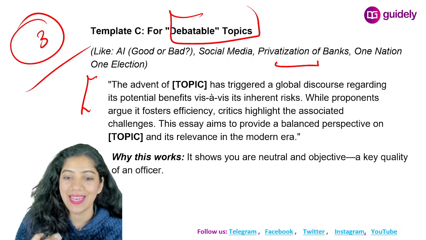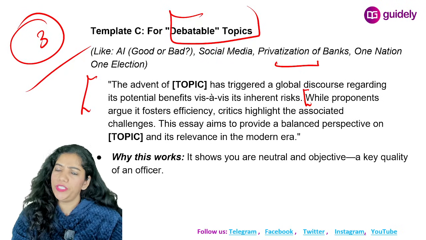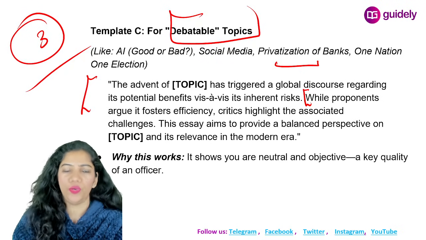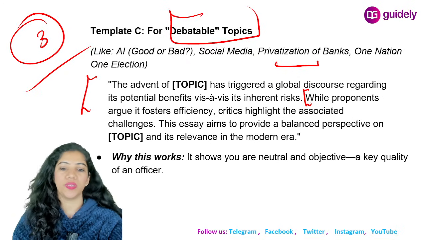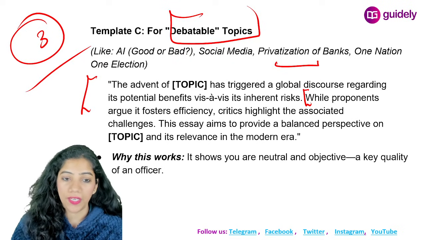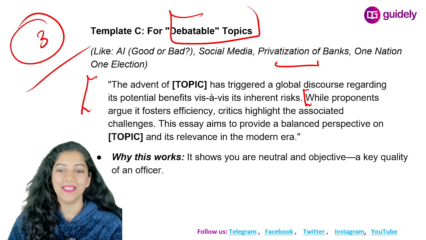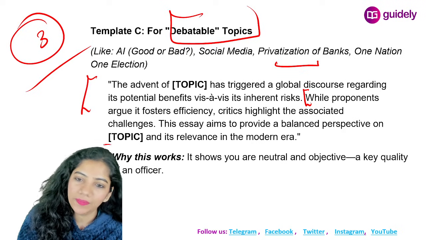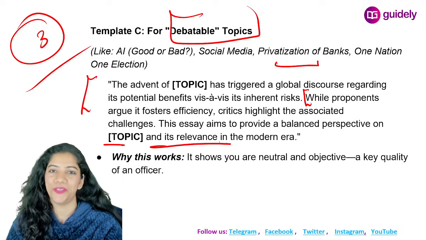With its inherent risks. While proponents, meaning supporters, argue it fosters efficiency, critics, meaning the opponents, highlight the associated challenges. This essay aims to provide a balanced perspective on one nation, one election and its relevance in the modern era.